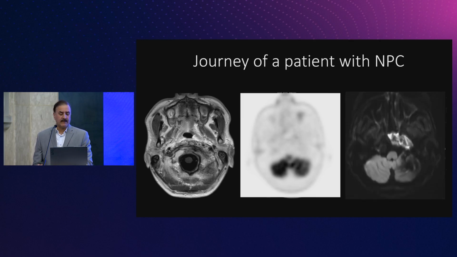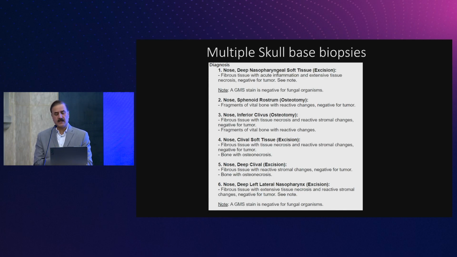But finally, on one of our last scans, we saw that there was some restricted diffusion. So that was the time that we said, okay, we are not sure now. This definitely can be either a mixture of post-radiation change versus tumor inside it. So we'll have to go in. They went in, and multiple biopsies from multiple areas were taken, and all were negative for malignancy. Those were all post-radiation changes that had happened in this patient.